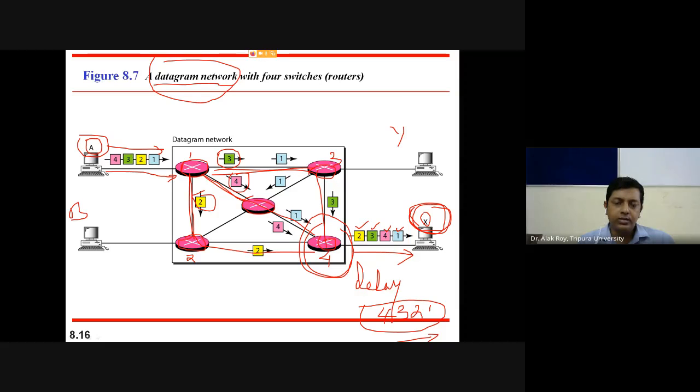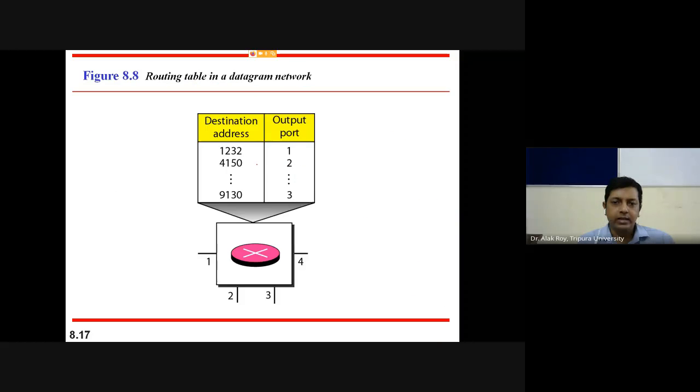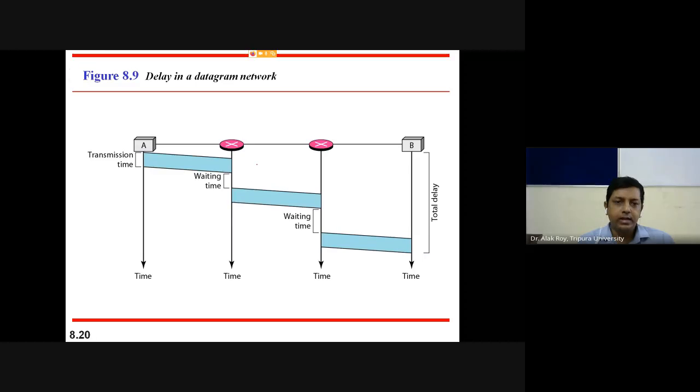Because different paths are used, the delay is measured in terms of delay between A and the first switch, to the second switch, to the destination.